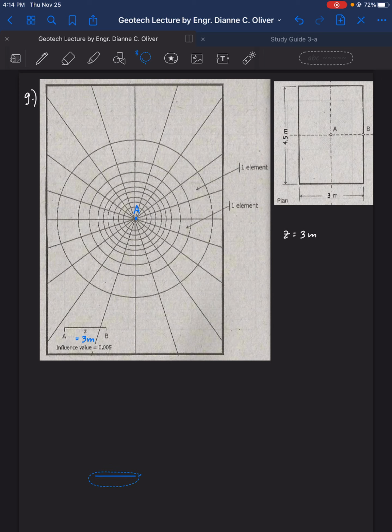So I will first build the plan. Now if this is 3 meters, therefore 4.5 is something like this.